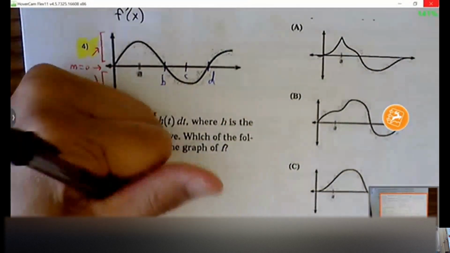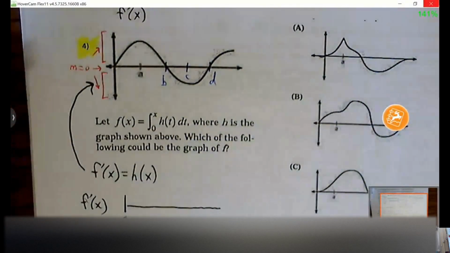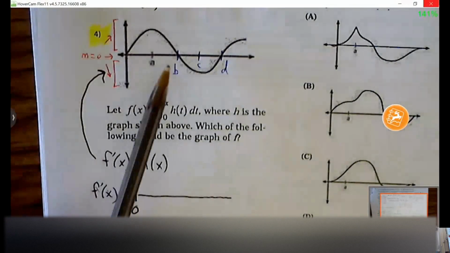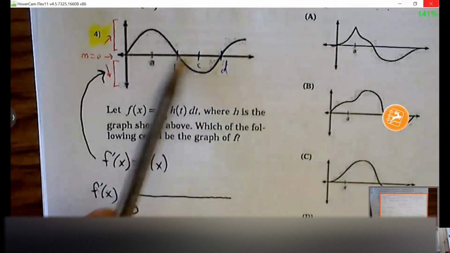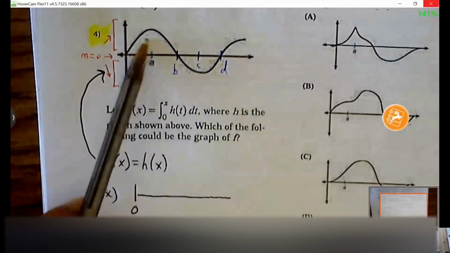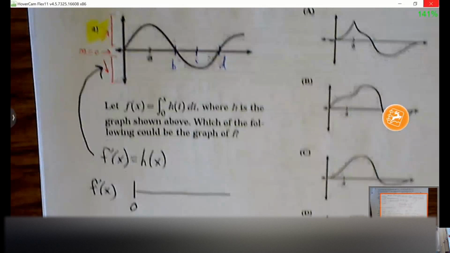Okay, so here's my f prime sign line. For my slope sign lines, I'm targeting my x-intercepts, right? X-intercepts are where the slope is 0, and then we can gather positive and negative slope and draw our arrows within our sign line.